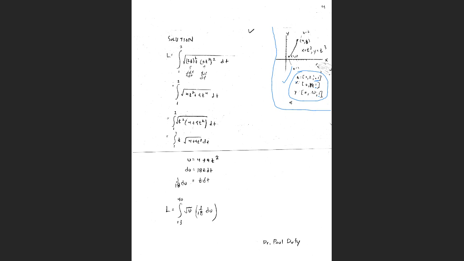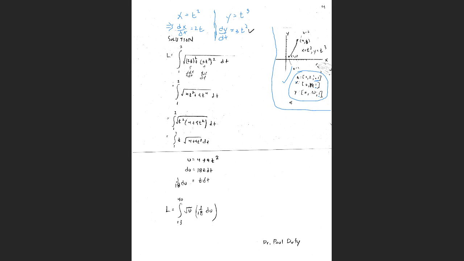But let's talk about this. Now remember, x was equal to t squared. So this means that dx dt equals 2t. The second parametric equation was y equals t cubed. So in that case, dy dt equals 3t squared.